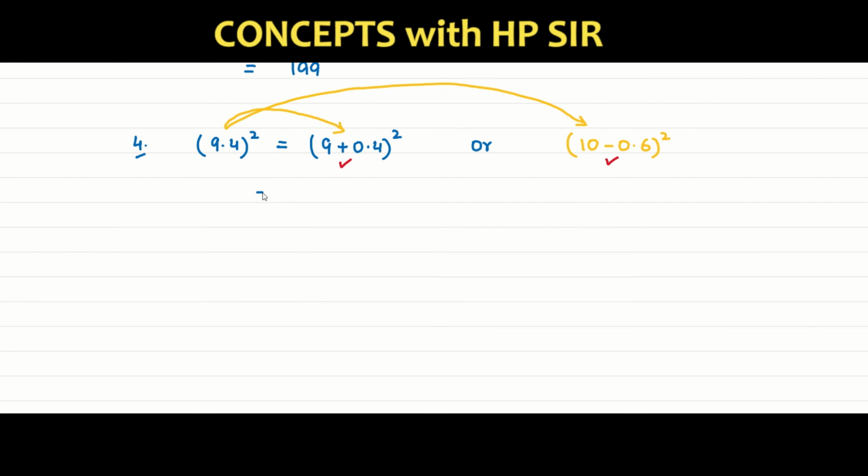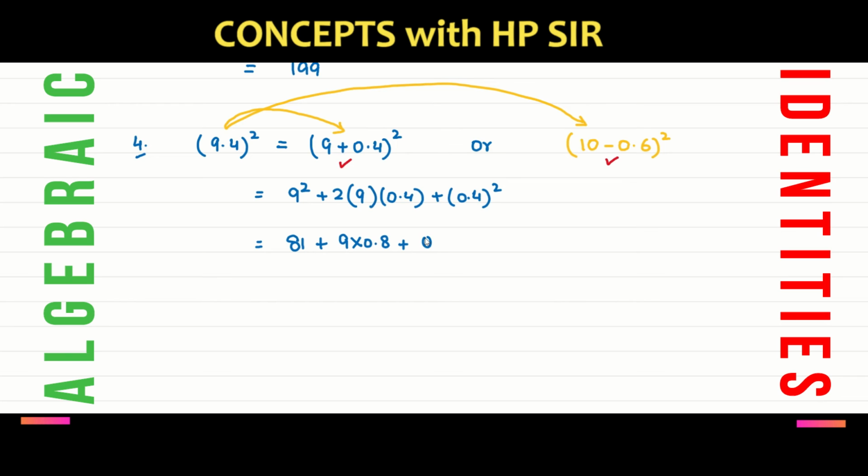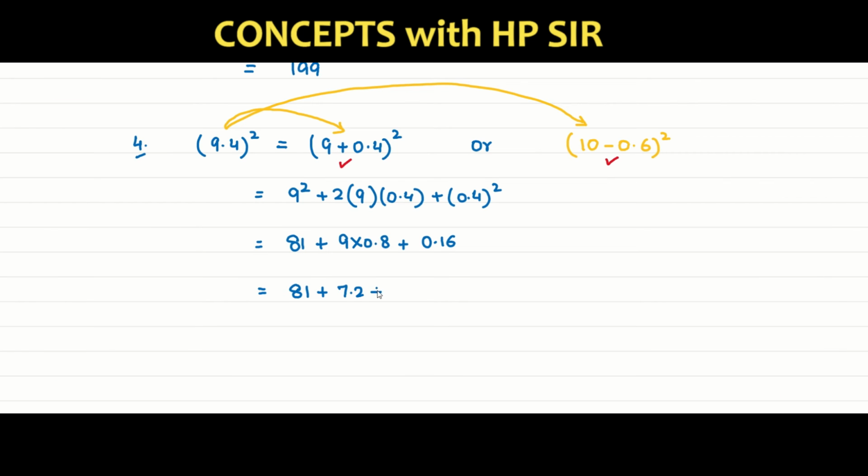In the first case we'll use the first identity, and hence we'll write down square of 9 plus twice of 9 into 0.4 plus 0.4 square. So this will become 81 plus 9 into 0.8 plus 0.16. So that becomes 81 plus 7.2 plus 0.16, equal to 88.2 plus 0.16, so equal to 88.36.